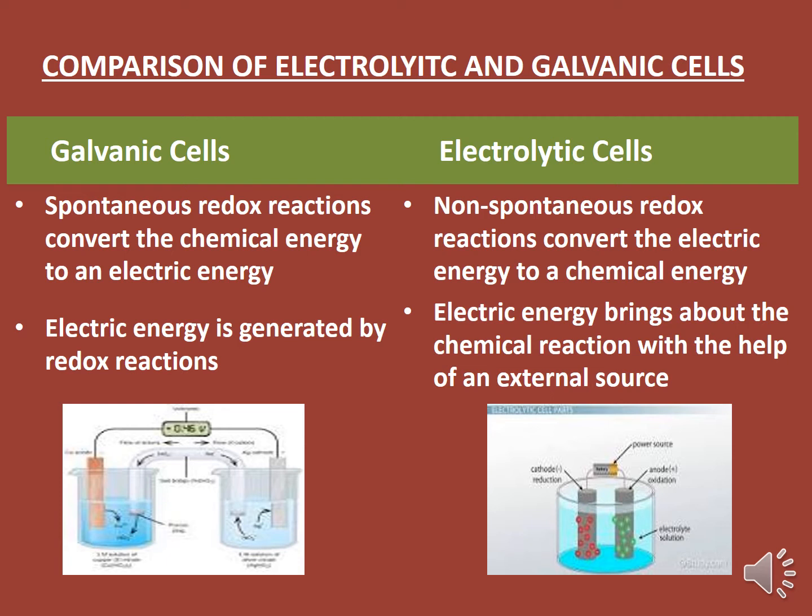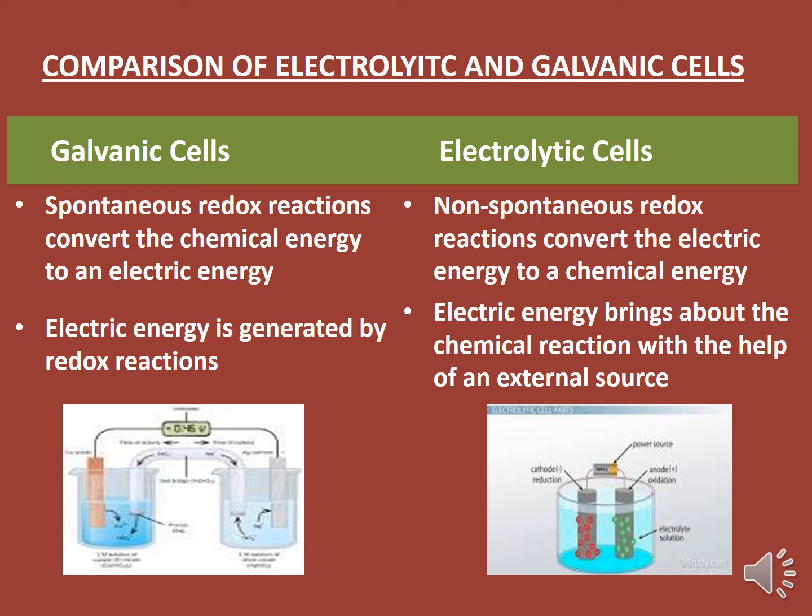It means in a galvanic cell, the reaction will take place by itself because of the difference in the electrode potentials of the anode and cathode, and they will convert the chemicals present in the electrolyte into electrical energy. In an electrolytic cell, the reaction will not start by itself. We have to provide electrical energy, which will be converted into chemicals.